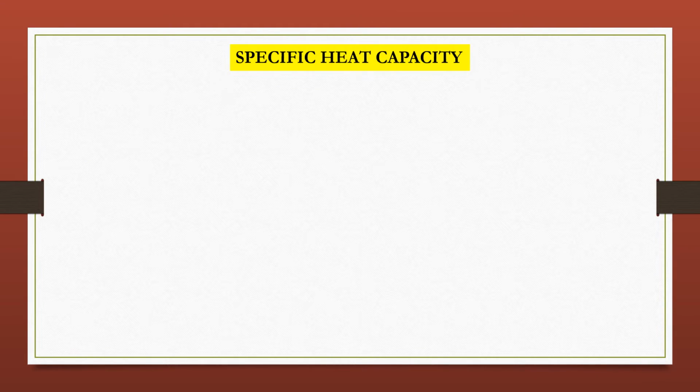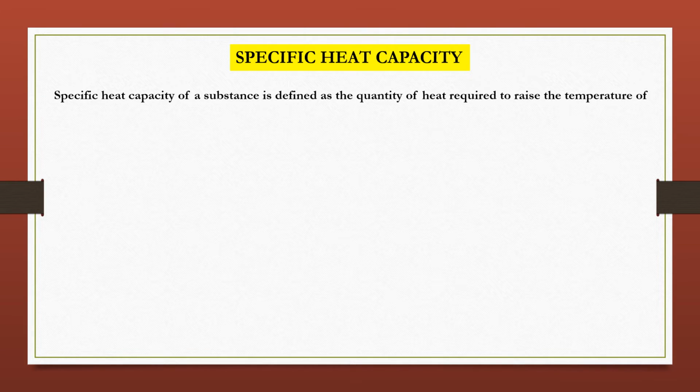Let us solve simple problems related to specific heat and its units. What is specific heat? Specific heat capacity of a substance is defined as the quantity of heat required to raise the temperature of unit mass of a substance by 1 degree of temperature.